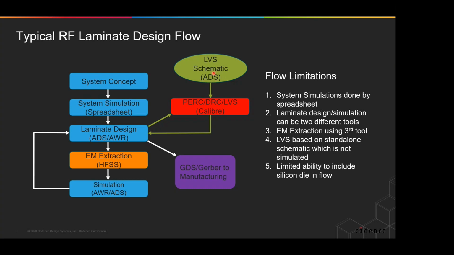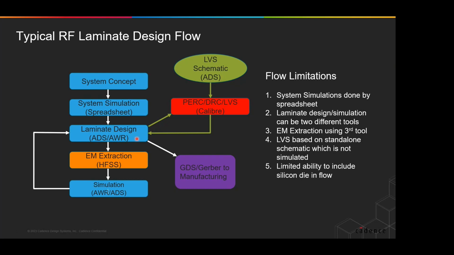Additionally, LVS is usually done with a standalone schematic. In this case, it's listed as ADS, but it could be an AWR schematic. That standalone schematic is not simulated, and so LVS really just validates that there's a schematic that matches the layout design, but it doesn't validate that the simulation matches what's actually going out to manufacturing. And so the combination of all these factors really limits this flow to making sure that you can get your design right.